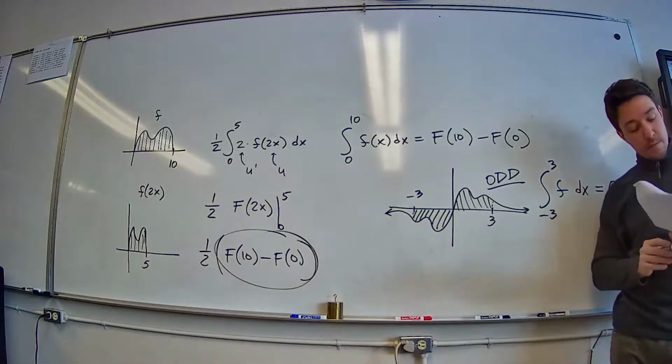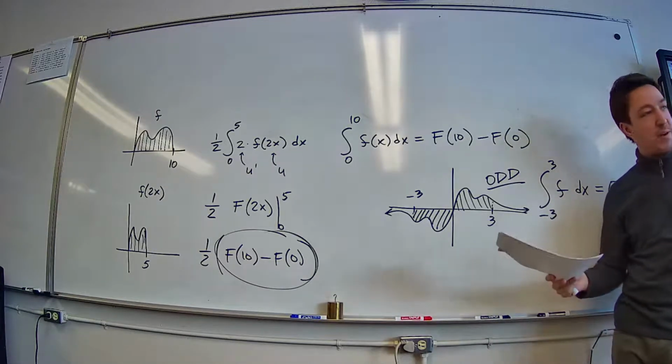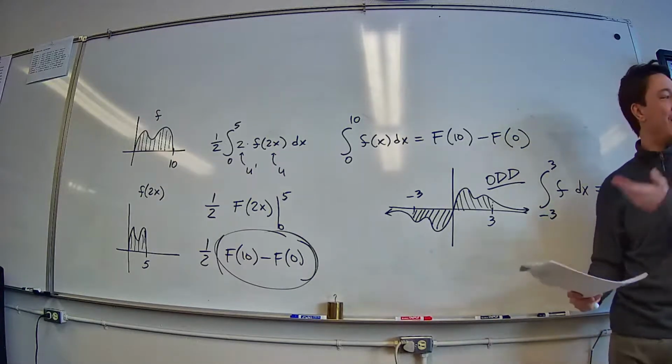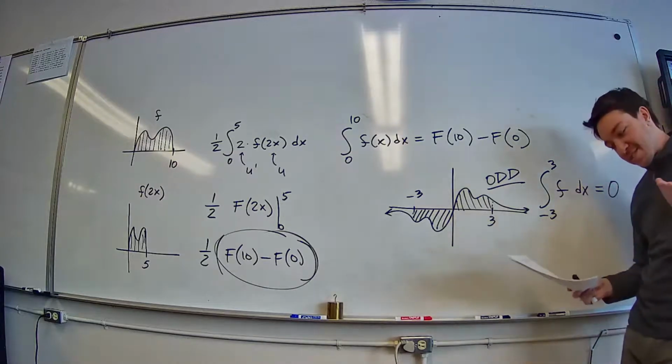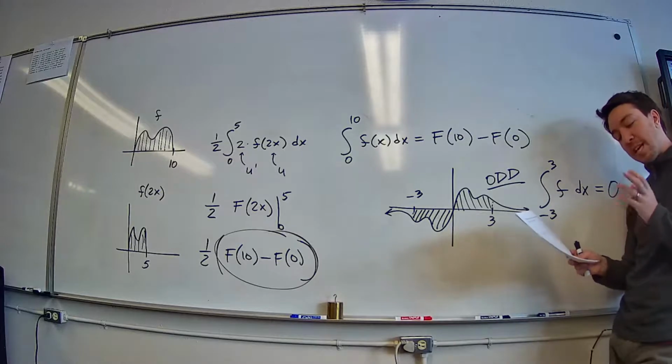Then how about 32? Logically you probably know what's coming, right? 31 is about identifying odd functions. Do you see why 32 describes an even function?